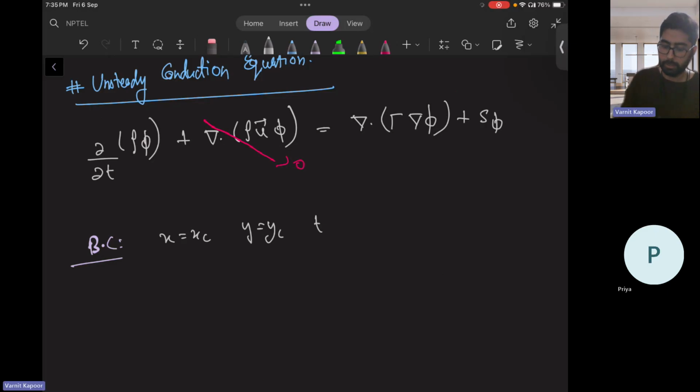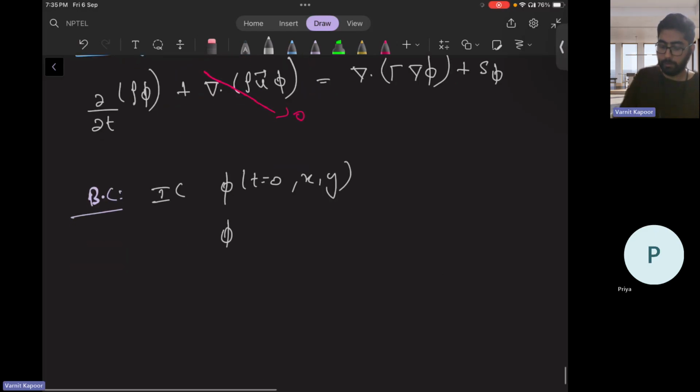Let me write the initial condition first. The initial condition: phi of x, y at t equal to 0, and after some time, phi at x is equal to xc, y is equal to yc at t.